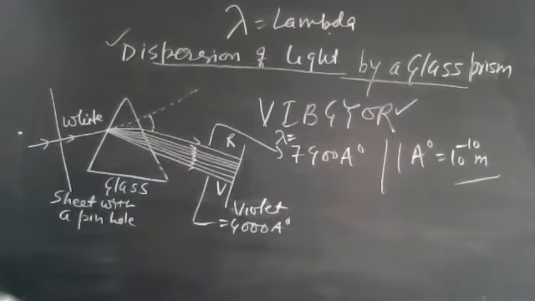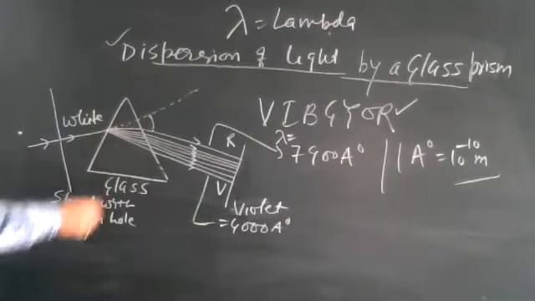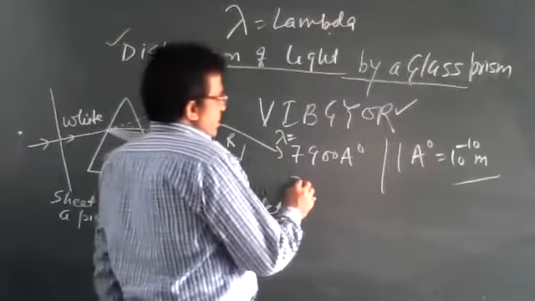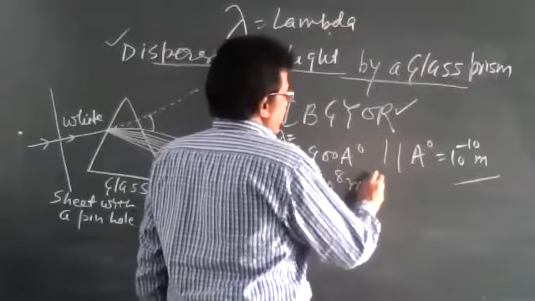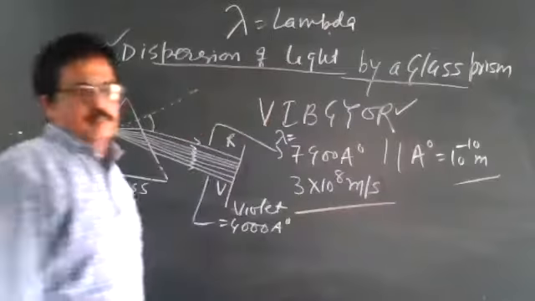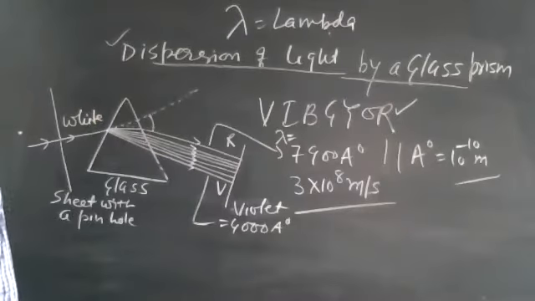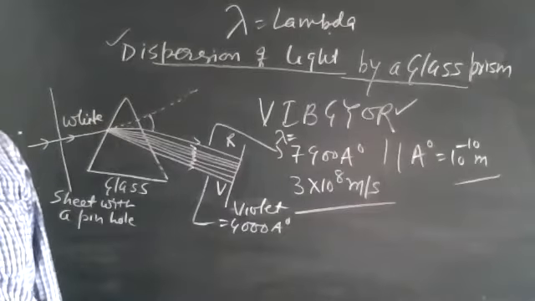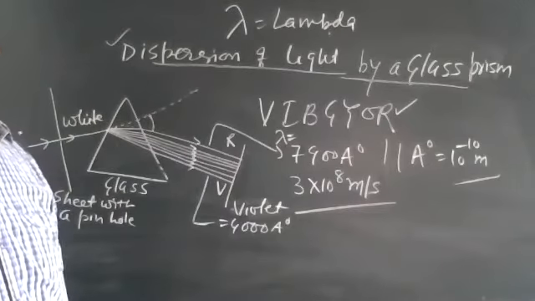Now, dear children, see that speed of light in vacuum is 3 into 10 raised to the power 8 meter per second.